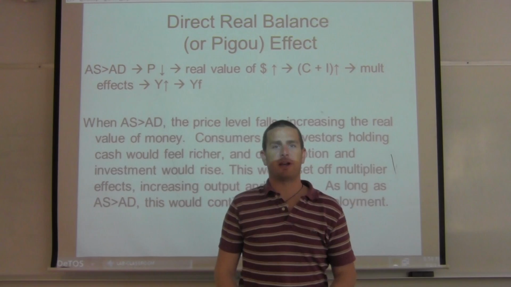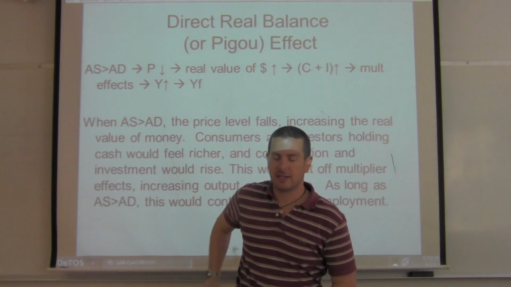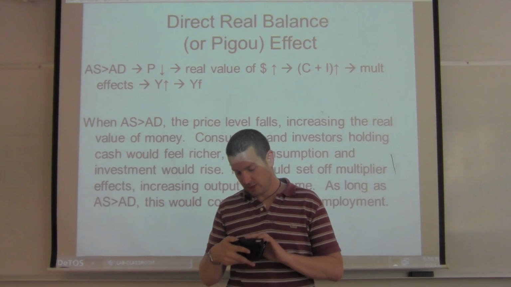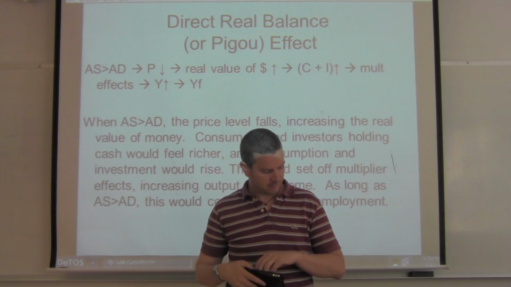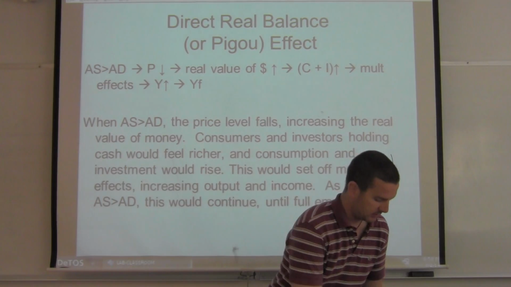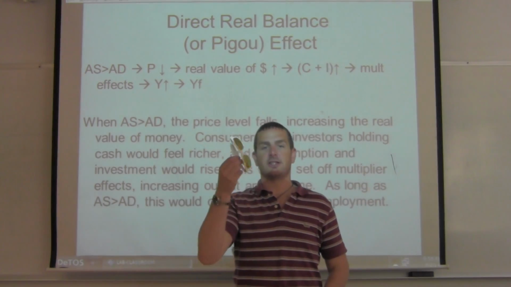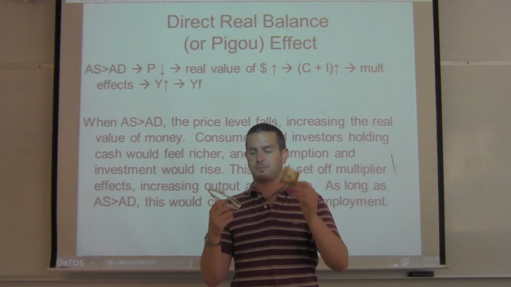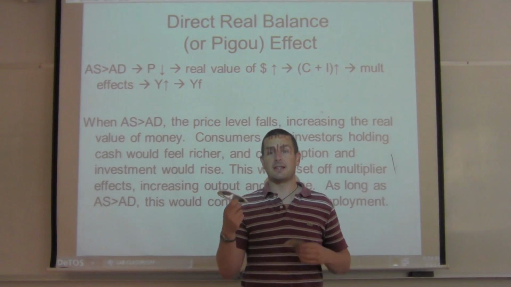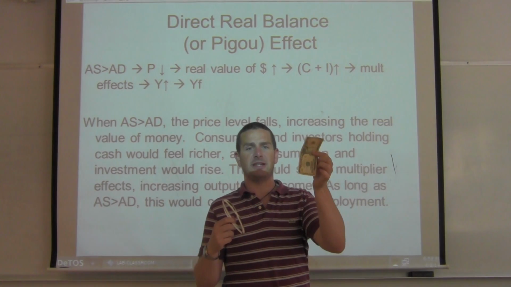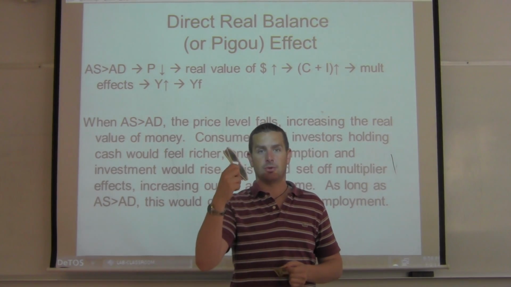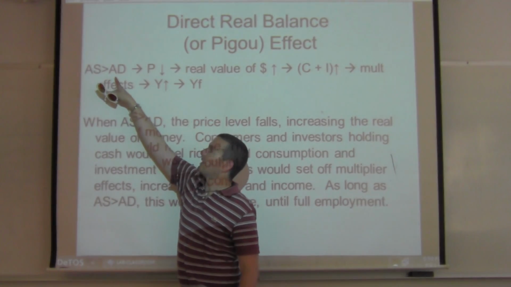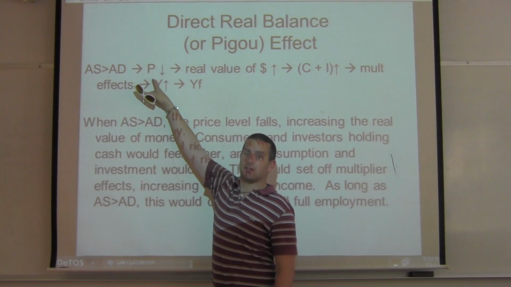Okay, what does that mean, the real value of your dollar? Let's say that these sunglasses cost $10, and here's a $10 bill. So far, as of right now, it takes one of these to get one of these. However, if supply is greater than demand, prices go down.